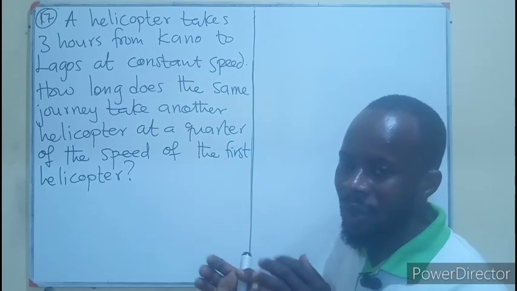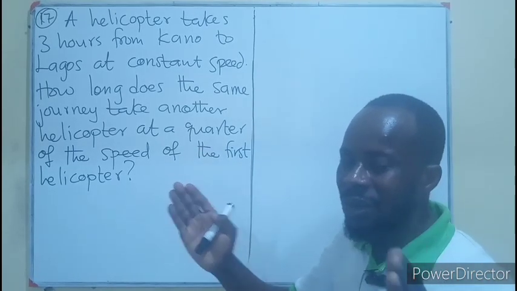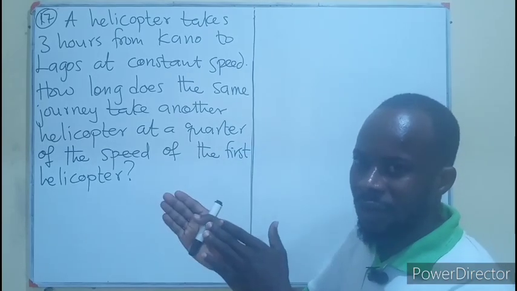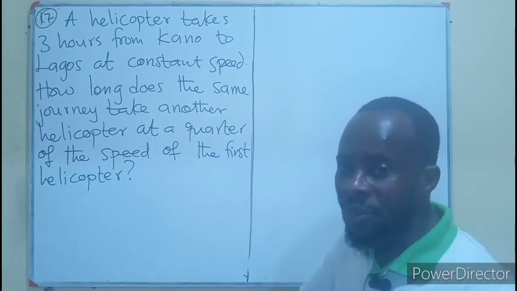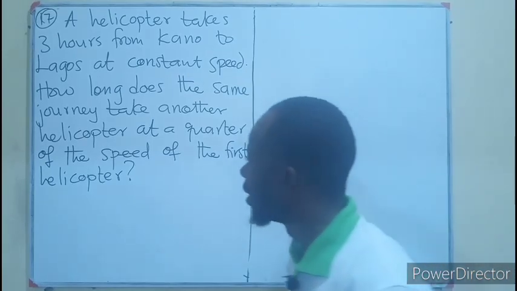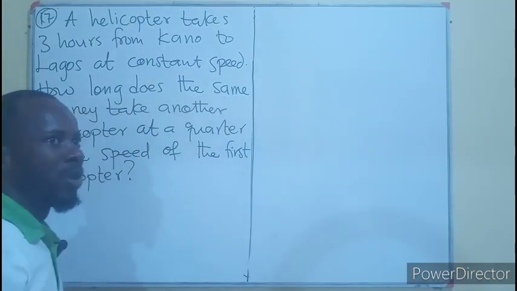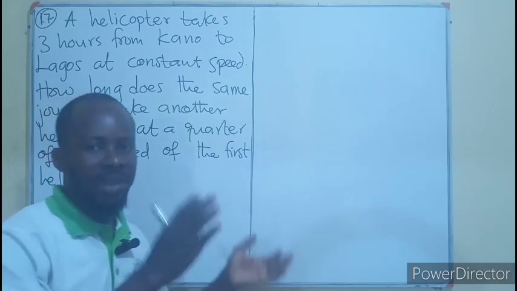So in this case, we are having the same distance. Kano to Lagos is the same distance, nothing changed. Only the time and the speed are what is varying. So for me to be able to find, I need to know the distance that has been covered by the first helicopter.